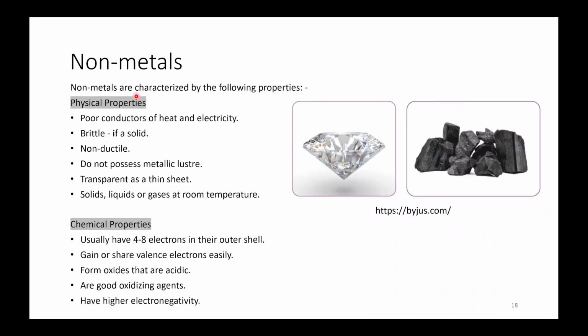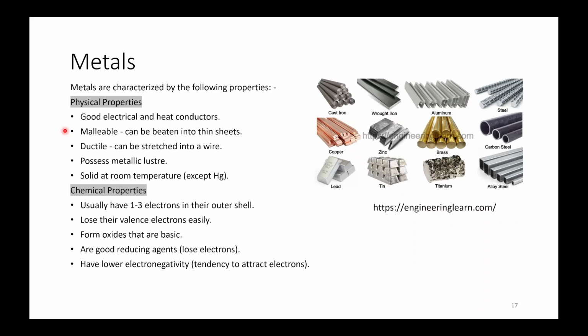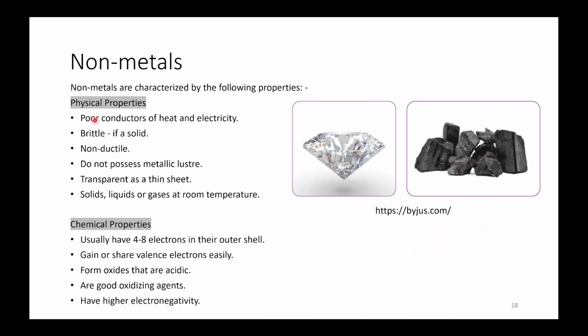Now in case of non-metals, they will have physical properties almost opposite compared to metals. These will be poor conductors of heat and electricity. These will be brittle if they are in solid form, such as diamond, coal, and these will be non-ductile, and these do not possess metallic luster.